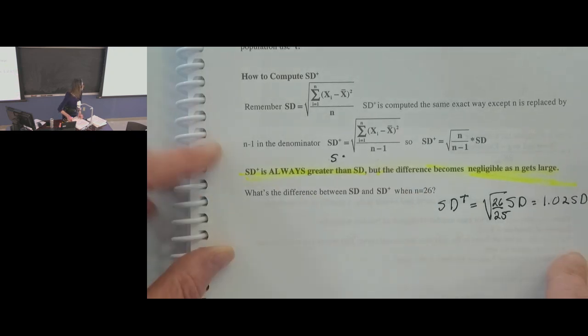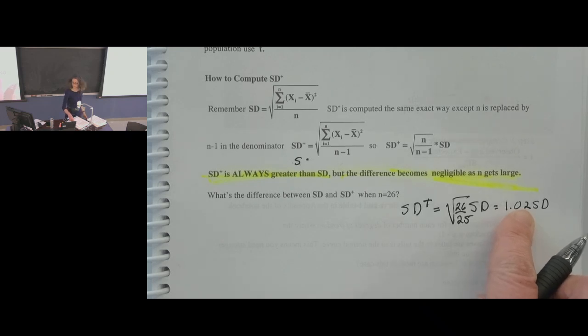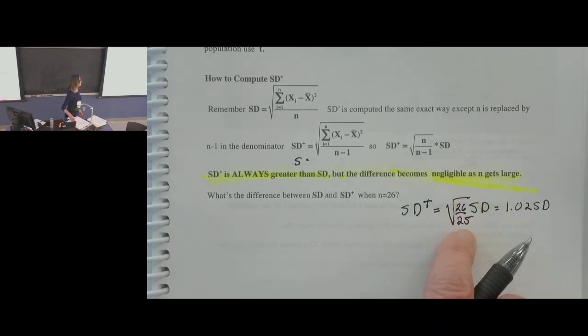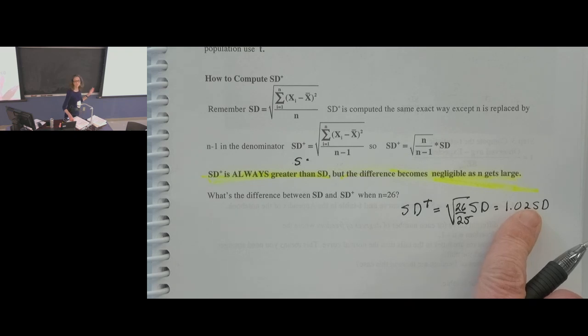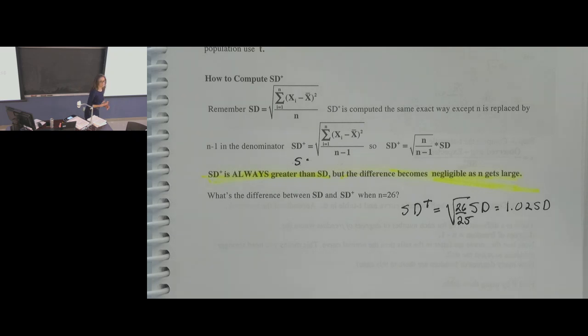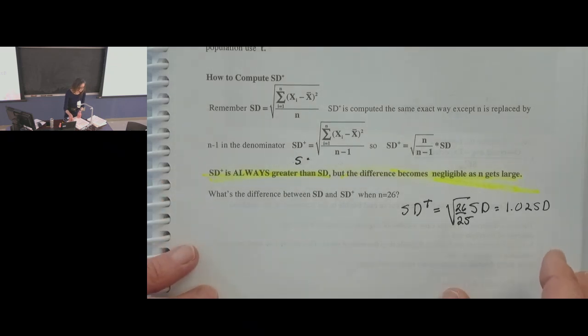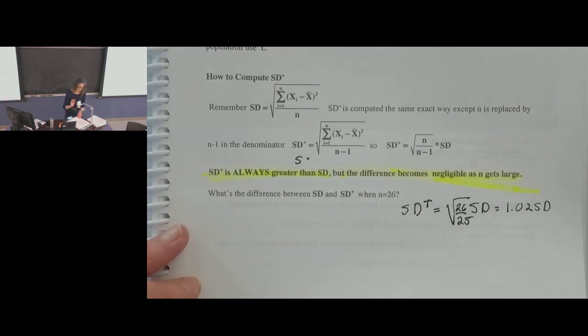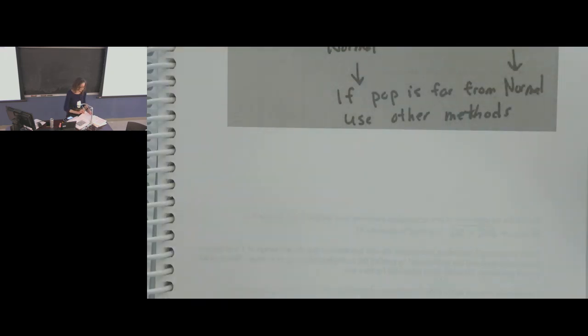So it really wouldn't make much of a difference. And if your sample size gets even larger, that becomes closer and closer to 1. We're doing a lot of approximations so you can get the ideas, and it doesn't make sense to be more exact than the tables we're using and so forth. So that's the idea. Let's move on. Okay.